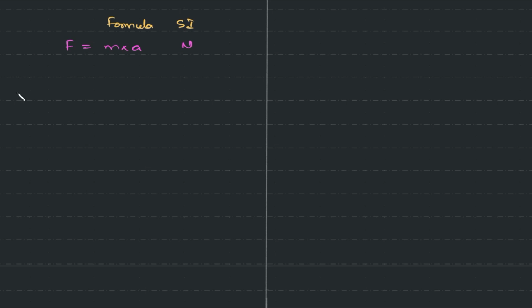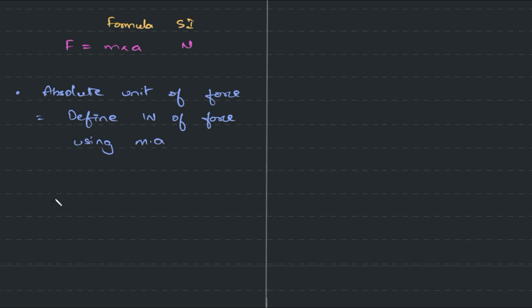Now we need to define absolute unit of force. What we are trying to do here is define 1 Newton of force using this formula, using m into a. So how do I get 1 Newton?